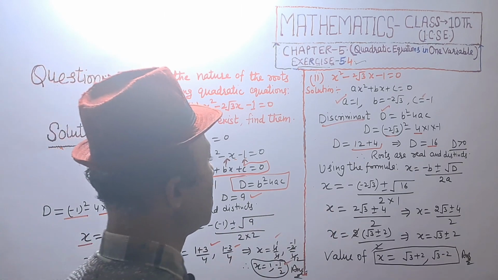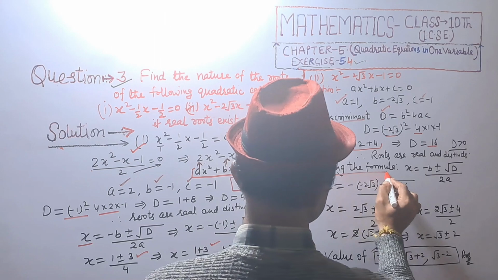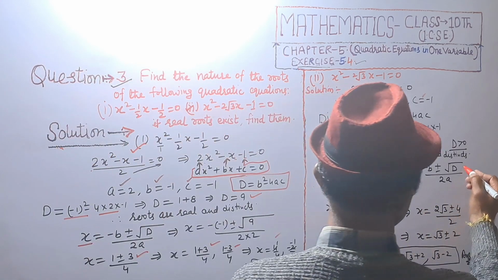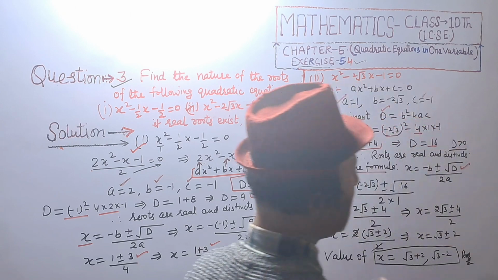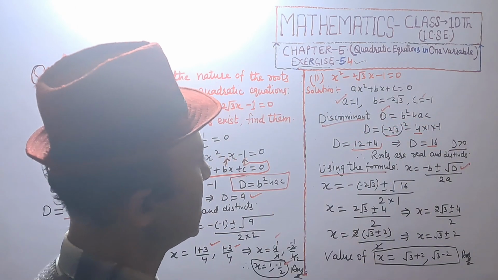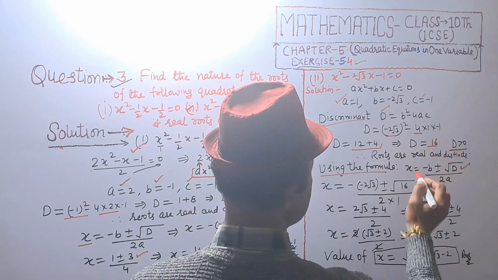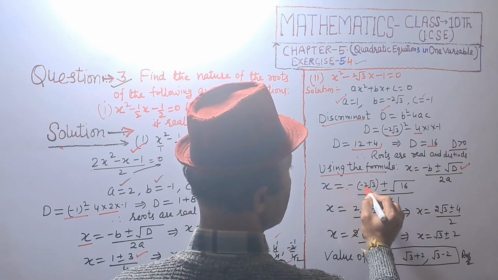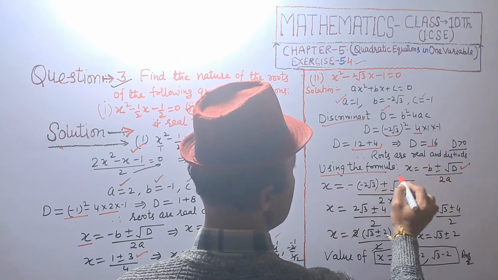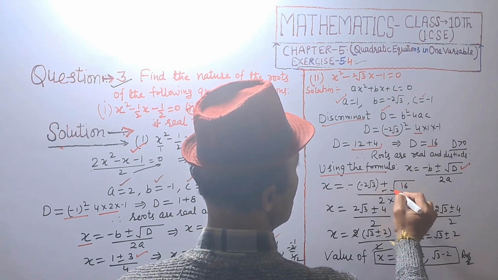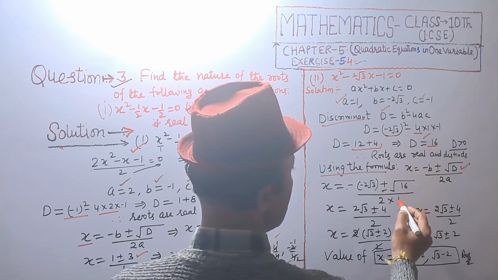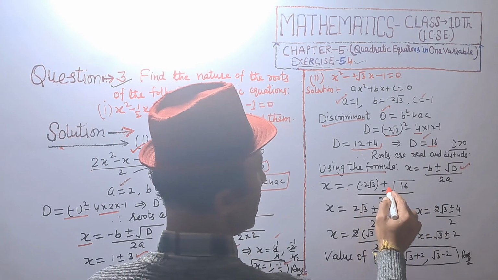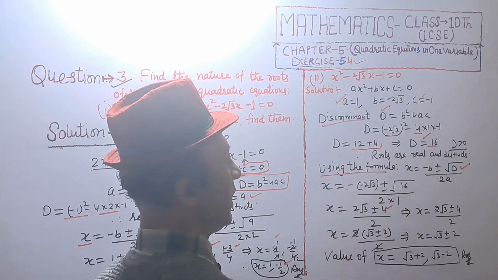Roots are real and distinct, so we are using the formula x is equal to (-b ± root D) upon 2a, where D is equal to b^2 - 4ac. We find the value of D is 16, and putting in this formula we get -(-2 root 3), that is b, ± root D, root 16, that is equal to 4, divided by 2 into a. 2 into a is 1.